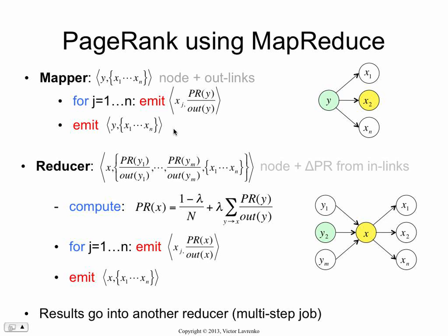These keys have the out nodes, and this key is Y itself. But then it doesn't go to the same reducer. Of course it doesn't. It goes to a different one, and that's what you actually want, because one of the reducers will get a Y. So for one of the reducers, X will be Y, and that reducer will get the list of outlinks that it needs. Okay.